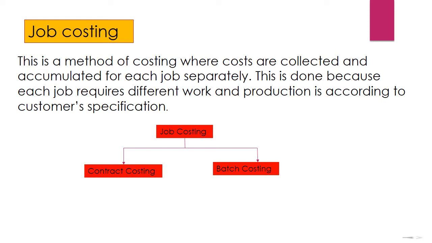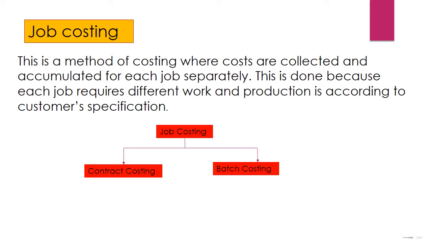And the job costing itself can be divided into two, that is contract costing and batch costing. In contract costing, we know that the contracts taken for doing a specific job, for example, construction of a building, it's a contract job. So the expenses incurred for that contract will be taken into consideration. So only one job is there for a contract, and the second job will be another contract, like that.